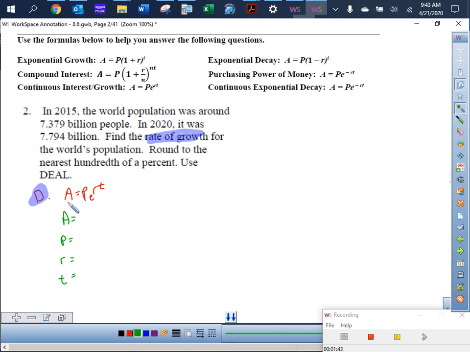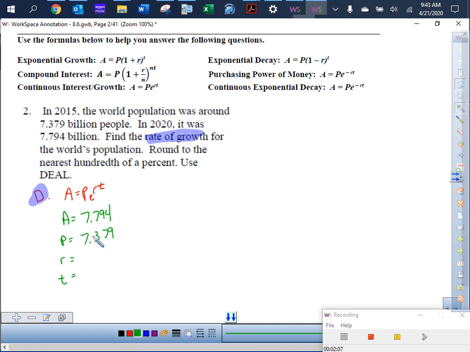So A is the amount when we're all done. And in this time scenario, since 2020 comes after 2015, the world population in 2020, 7.794, is what will be our final amount, because that's later in time. That means the principal amount when we started studying this was 7.379.